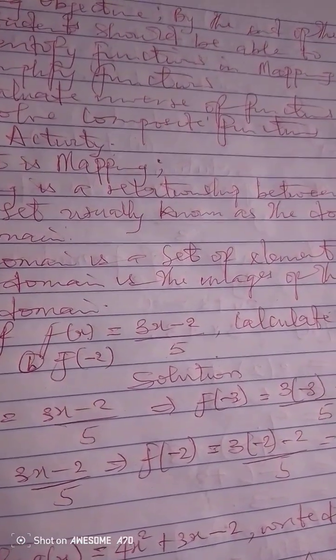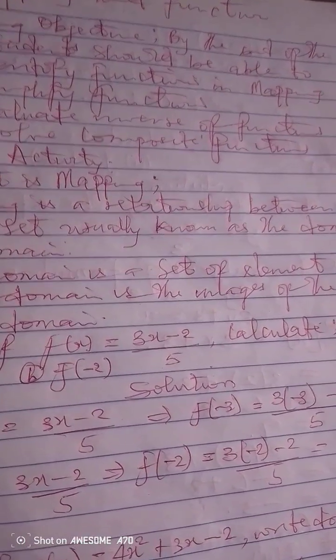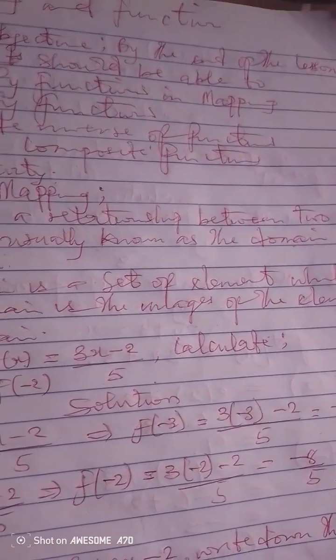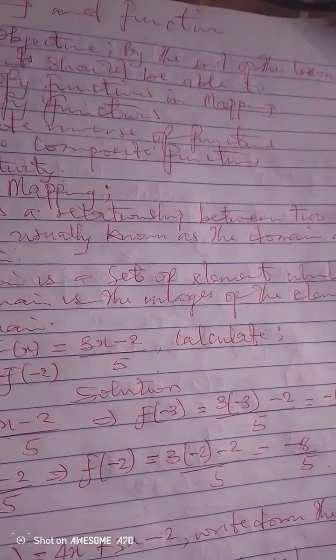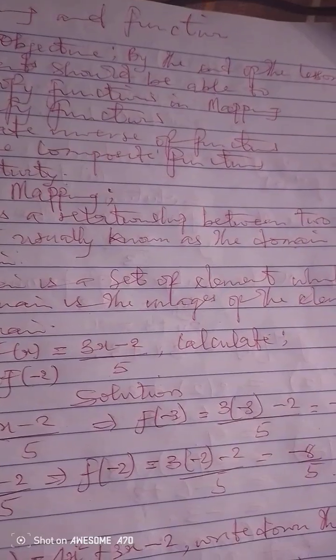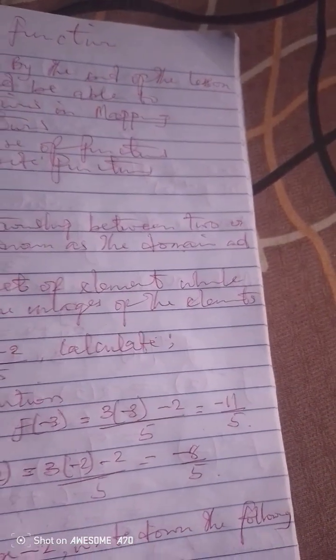Therefore, f of minus 3 means we substitute x in f of x as minus 3. That means 3 multiplied by minus 3, minus 2, divided by 5. 3 multiplied by minus 3 is minus 9. Minus 9 minus 2 is minus 11. So it gives us minus 11 over 5.